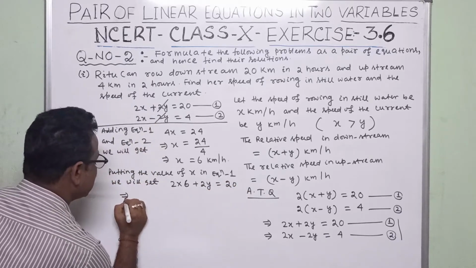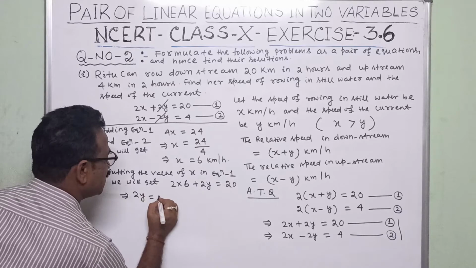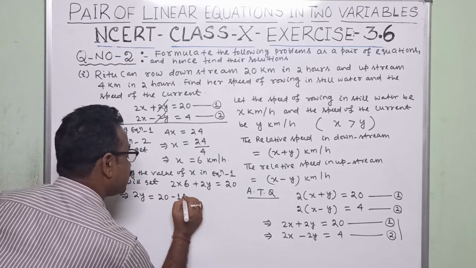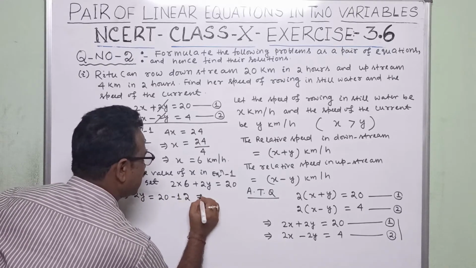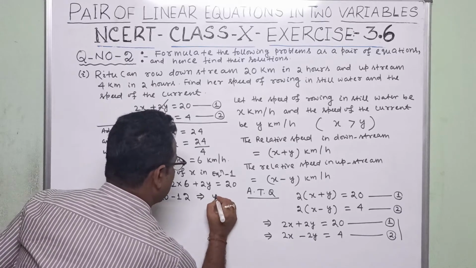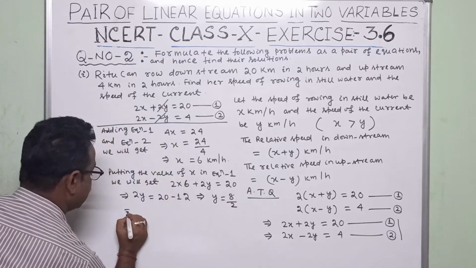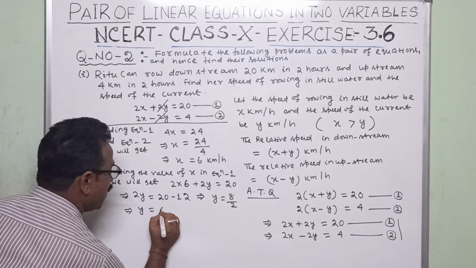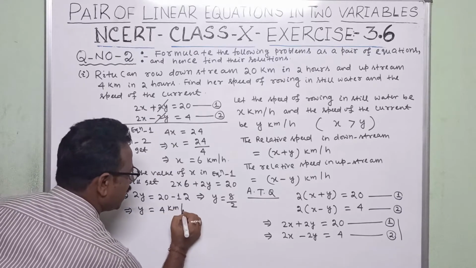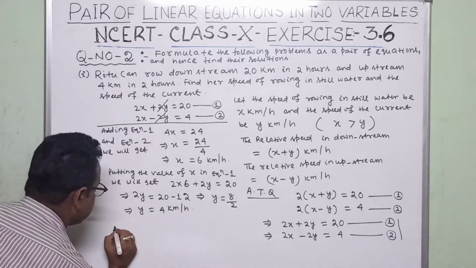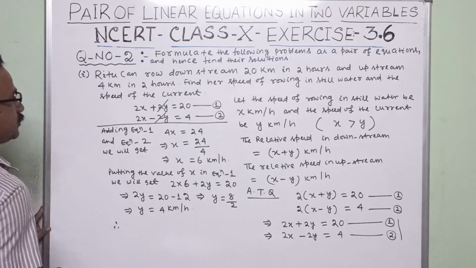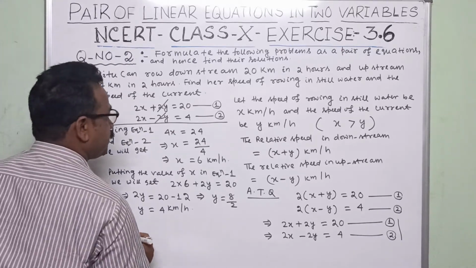That implies 2y is equal to 20 minus 12. That implies y is equal to 8 by 2. That implies y is equal to 4 kilometer per hour. Okay.